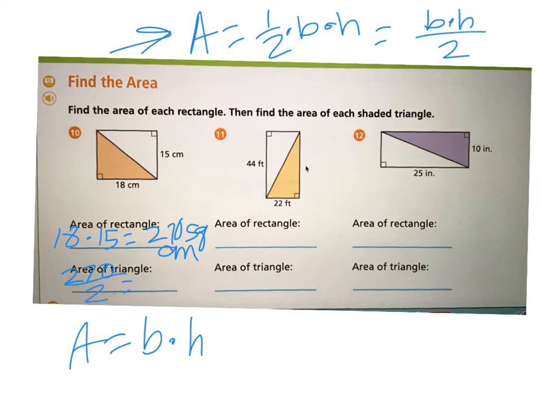So 270 divided by 2 gives me 135 square centimeters. Go ahead and do number 12 and 11. You can stop the video and do either one of those to give yourself more practice.